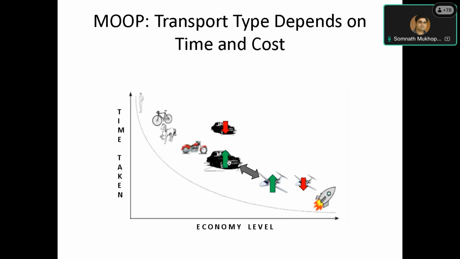But we cannot compare this car with this helicopter, because the helicopter is costlier than the car, which is a disadvantage, but it is taking less time. So in that sense, we cannot compare them.